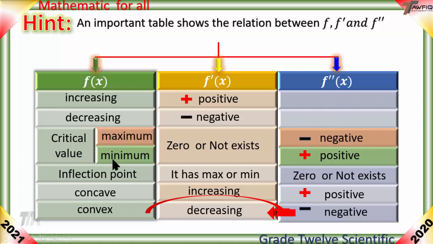And when it has a minimum, then the value of f double prime is positive. At an inflection point, the second derivative is 0 or does not exist, and the first derivative may have a maximum or the minimum. When the function f of x is concave, then the second derivative is positive and the first derivative must be increasing. And when f of x is convex, then the second derivative is negative and the first derivative must be decreasing.